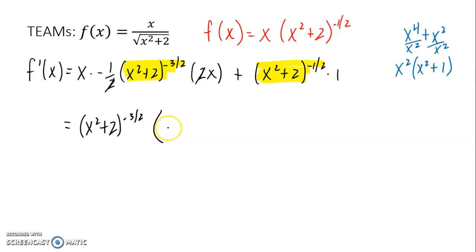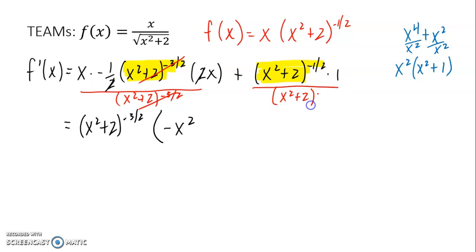Okay, these two cancel, and I'm left with the negative x squared here, because when I divide by the GCF, it'll always just cancel out of one term. And then when I divide by x squared plus 2 to the negative 3/2, these are like bases. So remember our exponent rule, when we divide like bases, we subtract exponents. So negative 1/2 minus negative 3/2.